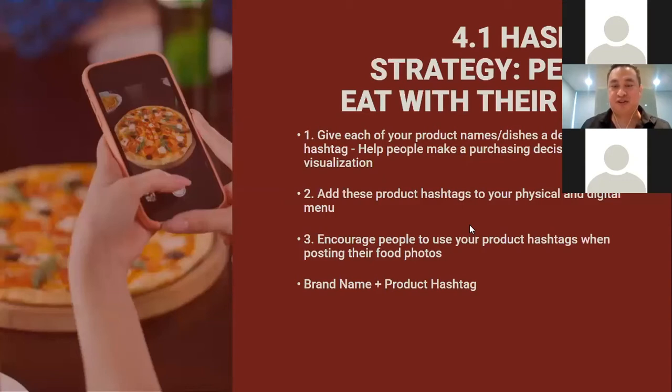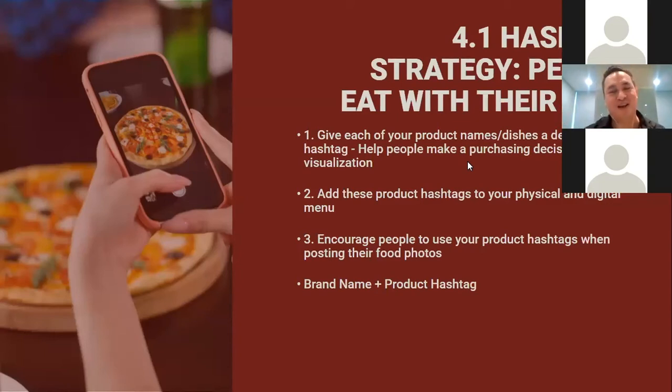So here's a quick strategy. What I found is some restaurants actually add hashtags to their actual product names and dishes, right? When you go into a restaurant and you look at the menu, but there's no pictures, well, for me personally, I like to see pictures before I order something, right? And so you can give each of your menu items an actual specific hashtag.